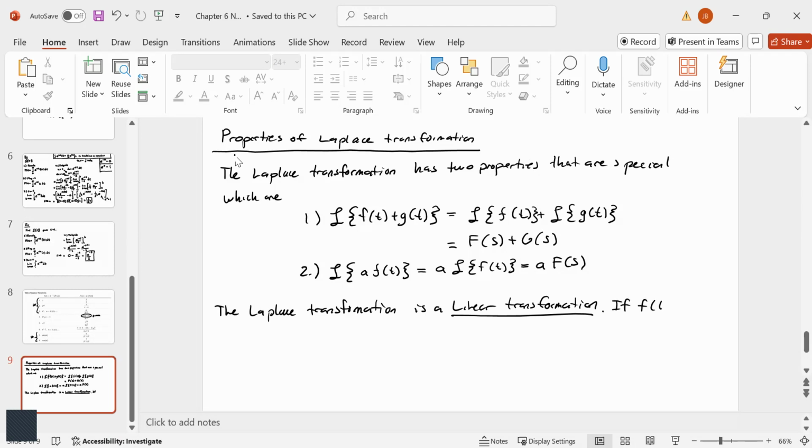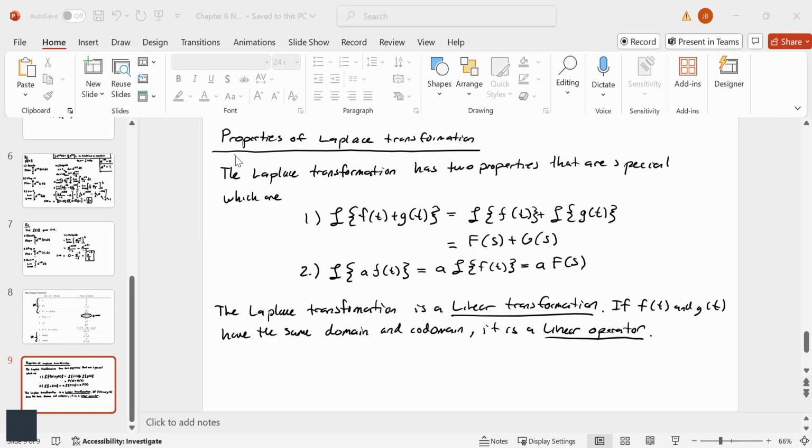If f of t and g of t have the same domain and codomain, it is a linear operator. For you in this class, it doesn't matter. It's just you might hear that word and I want you to know what it means. It just means they have the same domain and codomain. The outputs and the inputs have the same structure essentially.